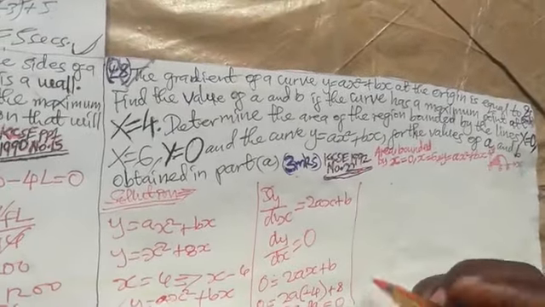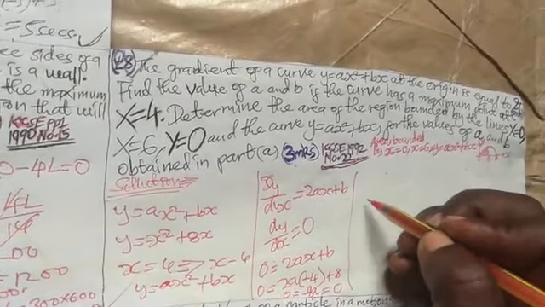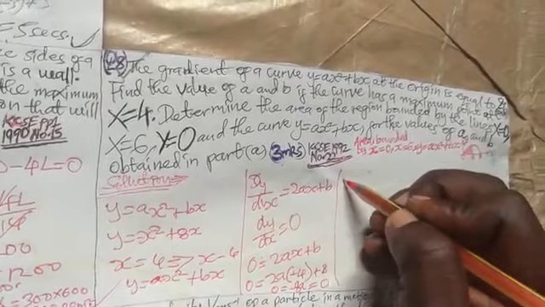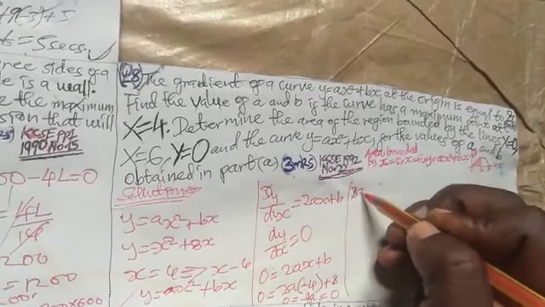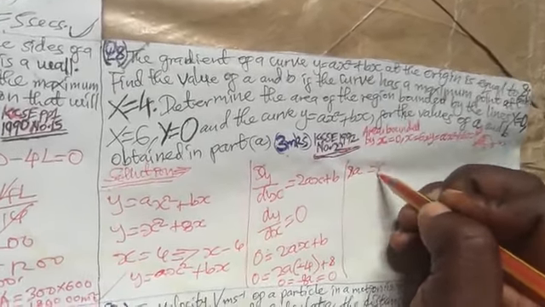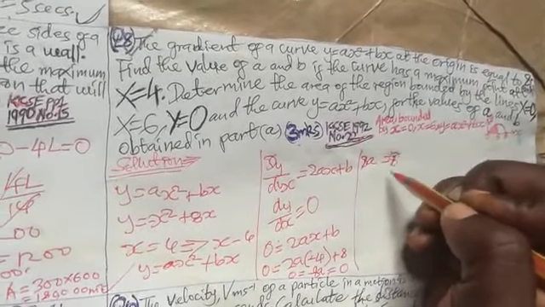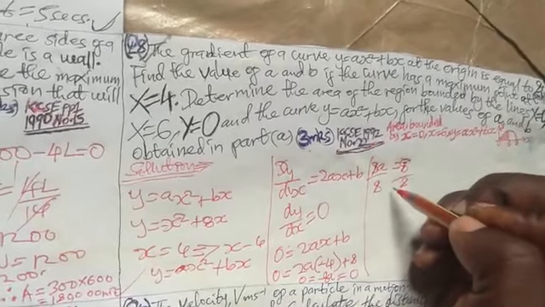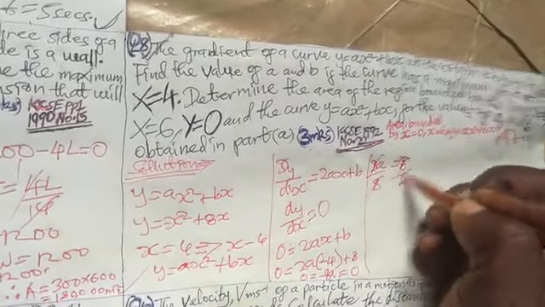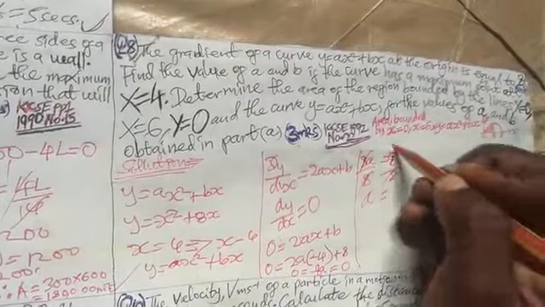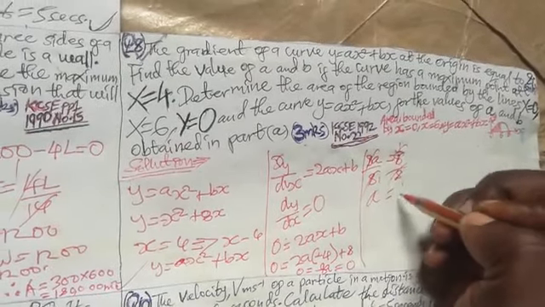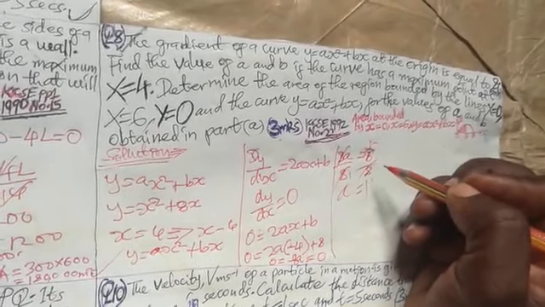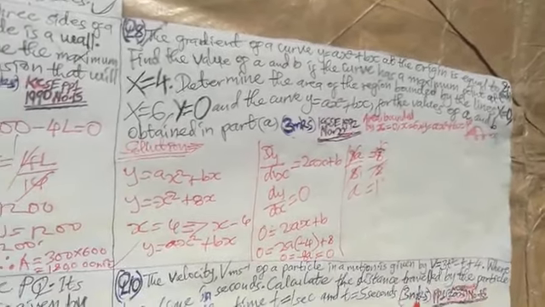This will give us 8a is equal to 8, divided by 8 on both sides. a will be equivalent to 1. That is at maxima.